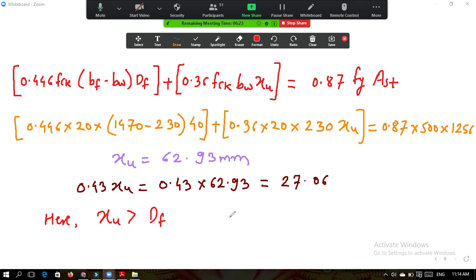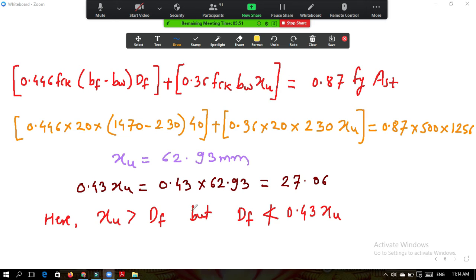DF is not less than 0.43 XU. Am I right? Because the value of DF is 40 and the 0.43 XU we are getting as 27.06. So actually DF is greater than 0.43 XU. So here also our assumption is wrong.